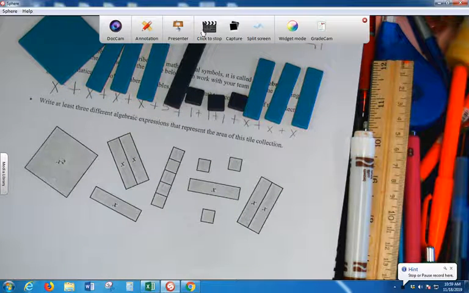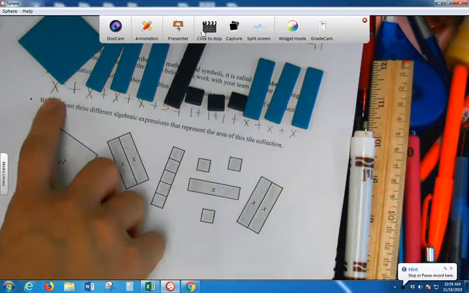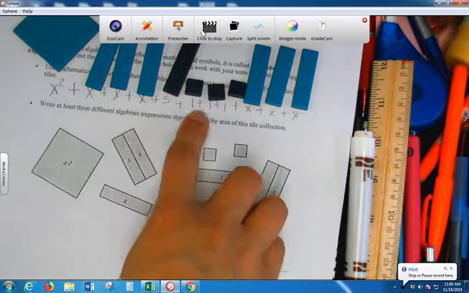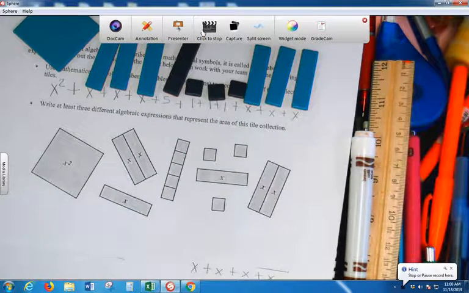Are we done? Yeah. So this is the area. The area of this is x squared plus x plus x plus x plus 5 plus 1 plus 1 plus 1 plus x plus x plus x. Yes. Does it have to be in that order? No.